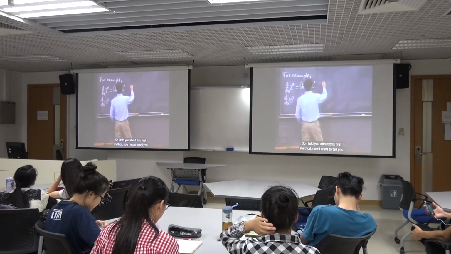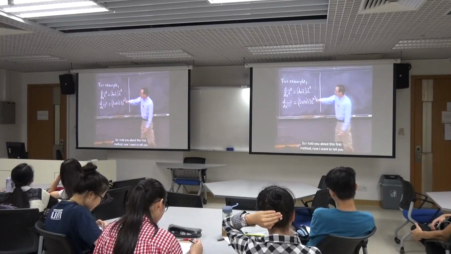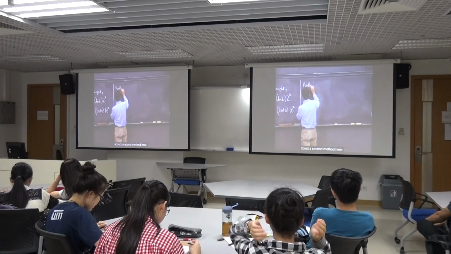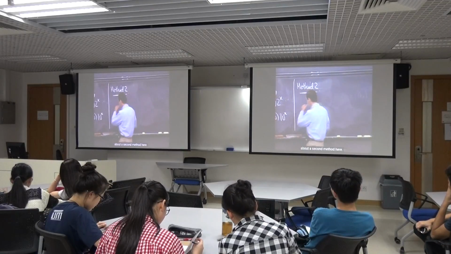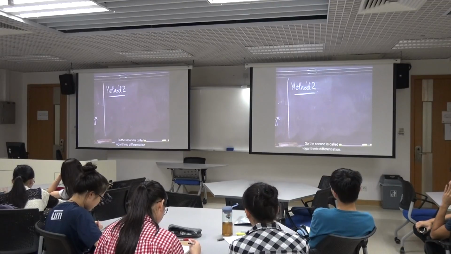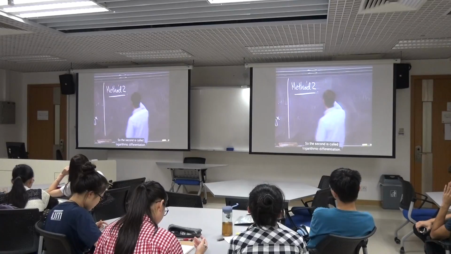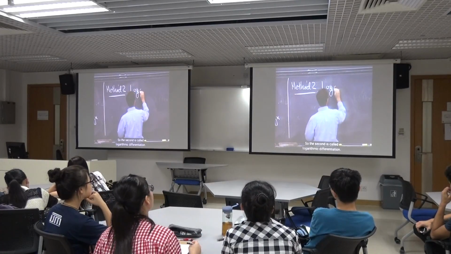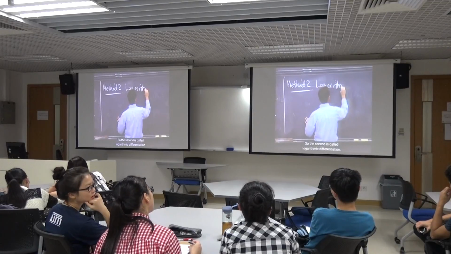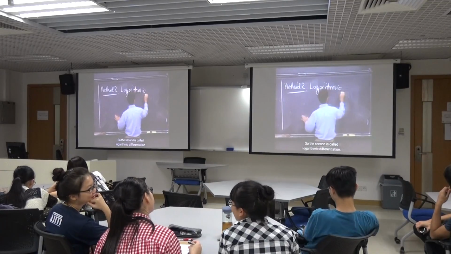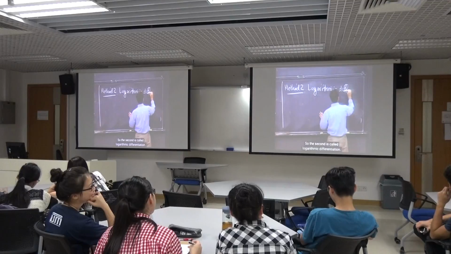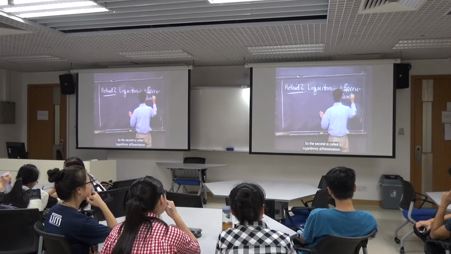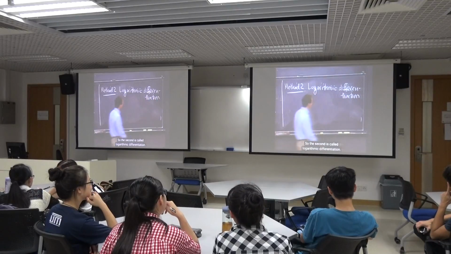Okay, so I told you about this first method. Now I want to tell you about a second method here. So the second method is called logarithmic differentiation. It's exciting. Logarithmic differentiation.